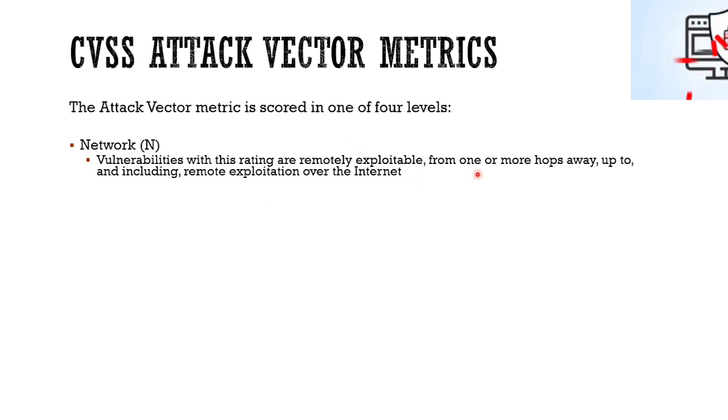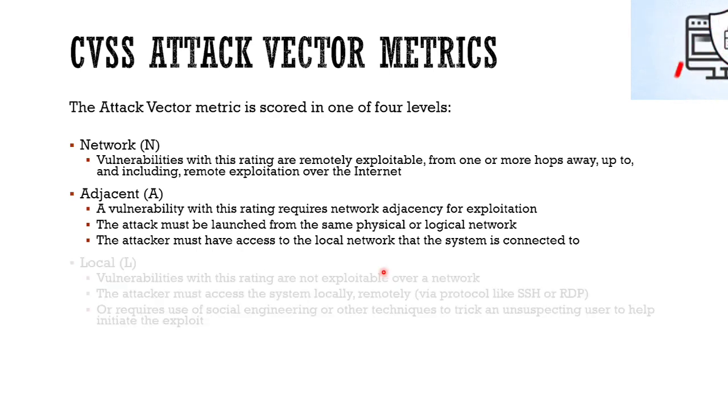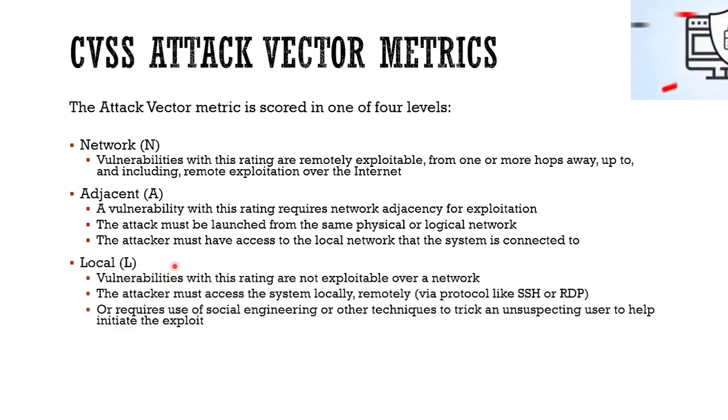Are they adjacent attacks, meaning that I would have to be on the same physical or logical network? I'm right next to this target that I'm attacking. I'd have to be on the local network. Are they local? I have to actually be logged into this system. I've logged in locally, or via some remote protocol like Secure Shell or RDP.